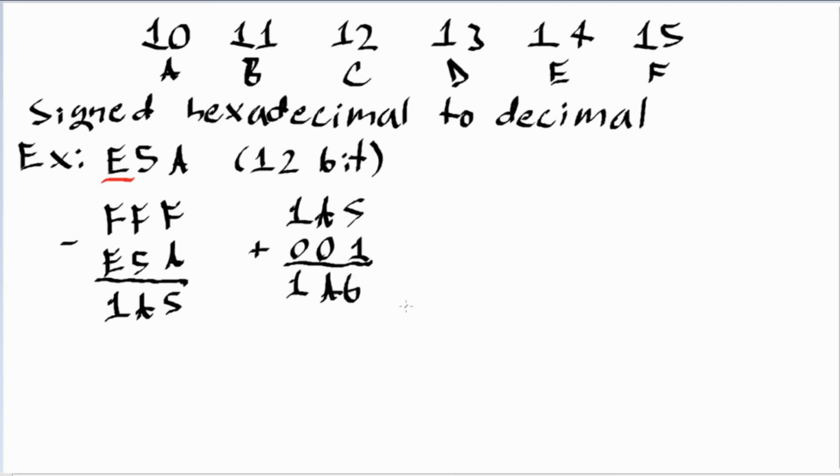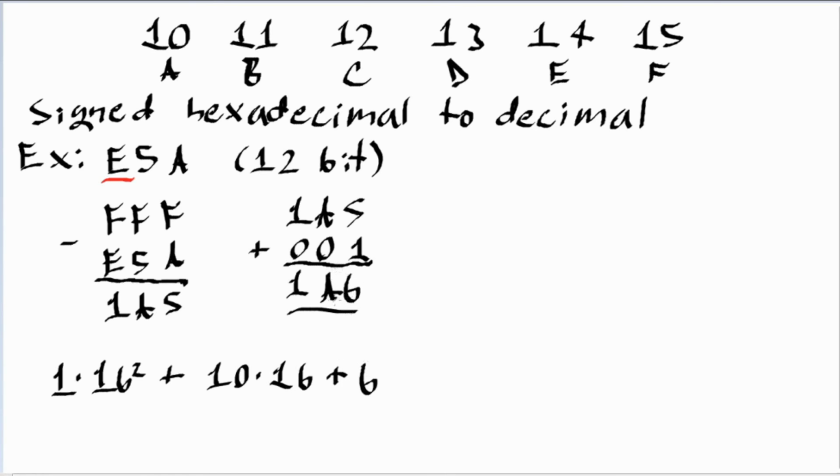This is the 2's complement. Now that we've computed the 2's complement, we can proceed to convert this to decimal. So that becomes 1 times 16 squared plus 10 times 16, and this is 10 because A here is 10, plus 6.